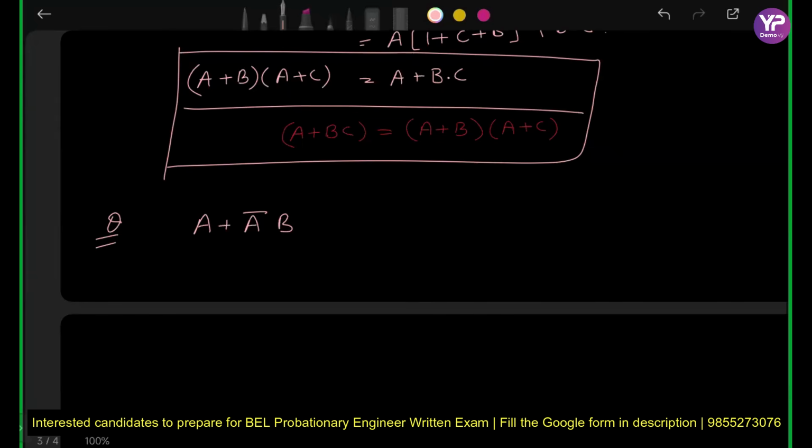So just distribute it, right? It can be written as A plus A bar, like we discussed here, and A plus B. Everyone understood?